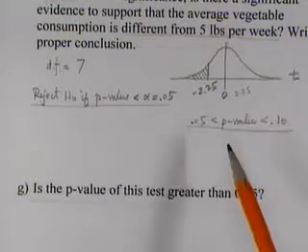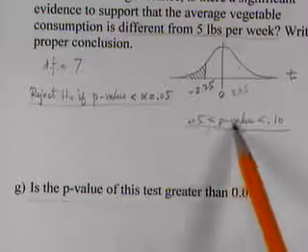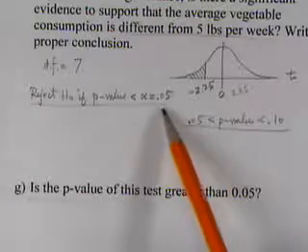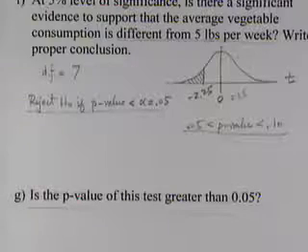Okay. But you notice between these two numbers, that's good enough for us to make a decision, because we know that the p-value is higher than 0.05, not less than 0.05. So will you reject the null hypothesis? No. Okay? Your p-value is higher than 0.05. Again, this p-value is kind of the likelihood of the null hypothesis being true. If this p-value is so small, that means your null hypothesis is not true.